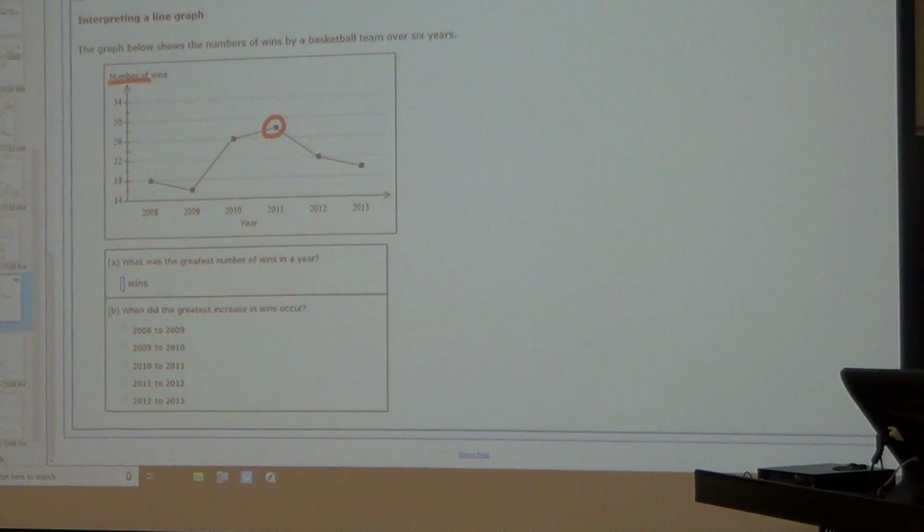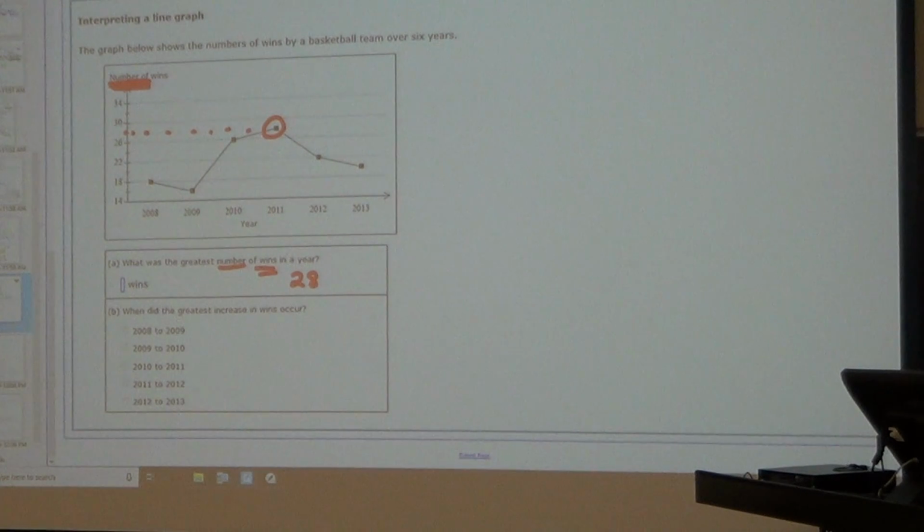So, they want to know how many wins. So, if we come across, how many wins is that? 28. Because below it is 26, above it is 30. So halfway between 26 and 30 is 28.